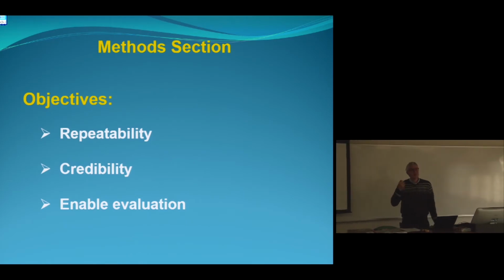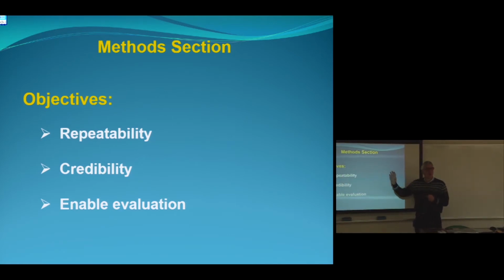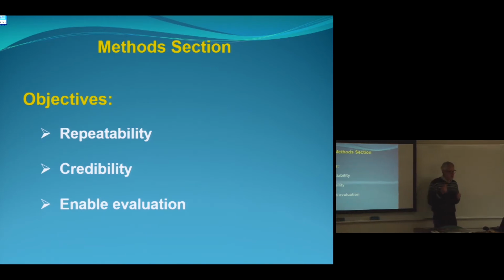Usually for most scientists, writing the method section is the easiest section. It's maybe more straightforward, but it also has a very important role that you need to understand.